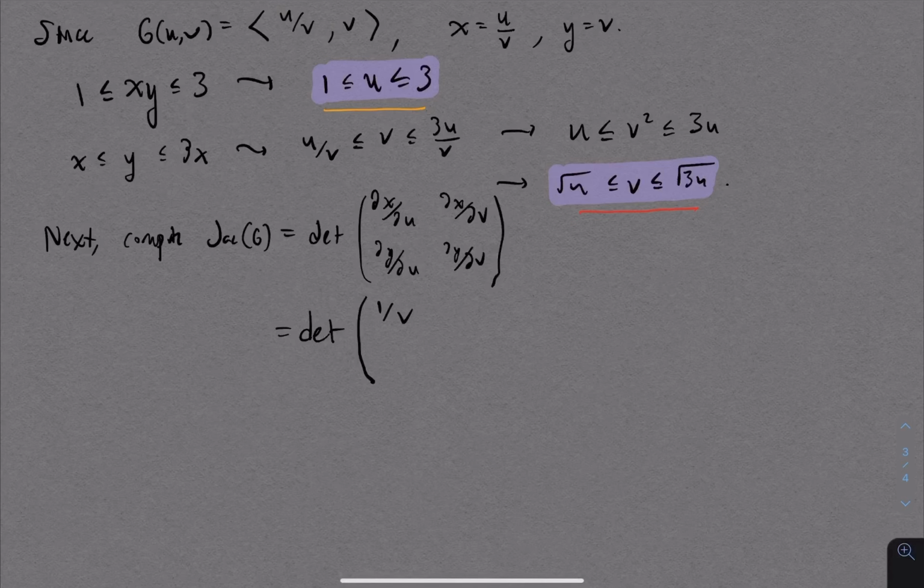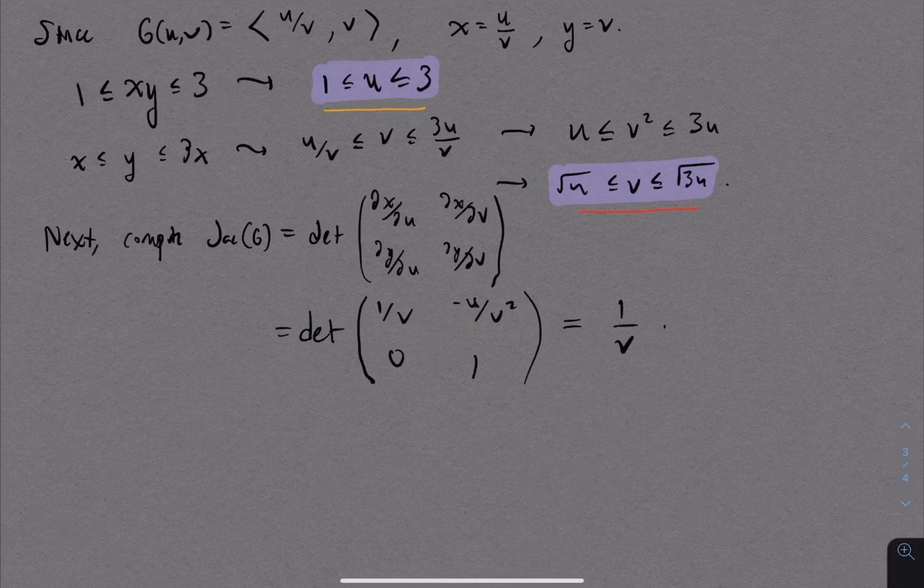Derivative of x with respect to v, this is like u times v to the negative 1. So by the power rule, I'll get a negative u over v squared. Then in the second row, the derivative of y with respect to u is 0. The derivative of y with respect to v is 1. So the determinant here is going to be 1 over v times 1, which is 1 over v, minus 0.